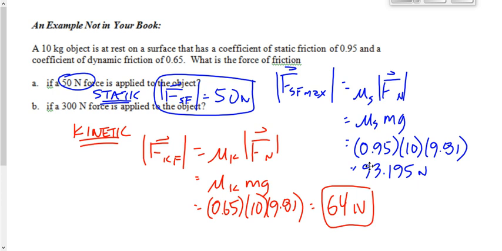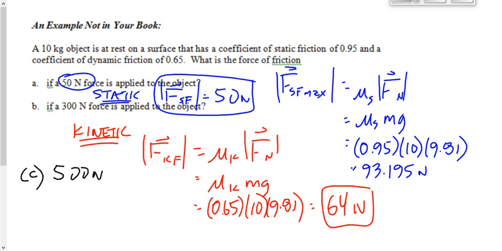Hey, what if I added a question C to this? What if I said if 500 newtons was applied, would it move? Yes, because I exceed 93.195. What's the force of kinetic friction then? 64. What if I applied a force of 10,000 newtons? Would it move?